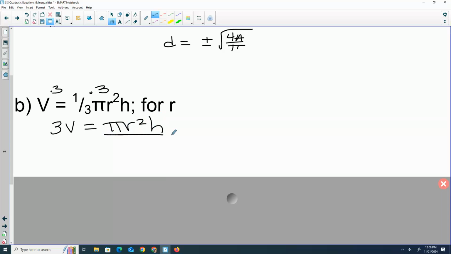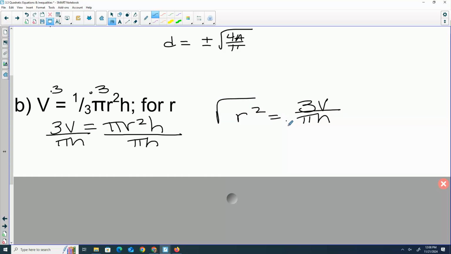So we could get rid of it just by dividing by everything we don't want, which is the pi and the h. So that means r squared is 3b divided by pi h. So then to get rid of the square, r is plus or minus the square root of 3b over pi h.